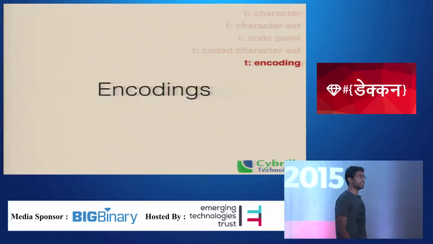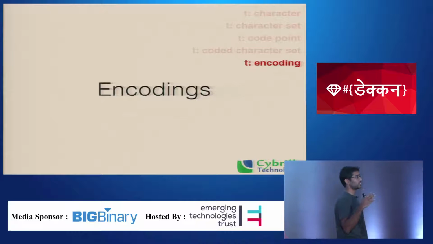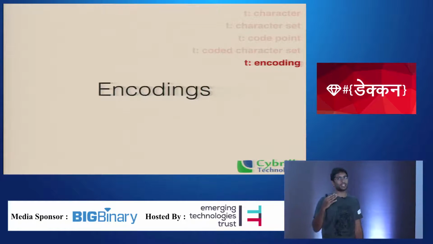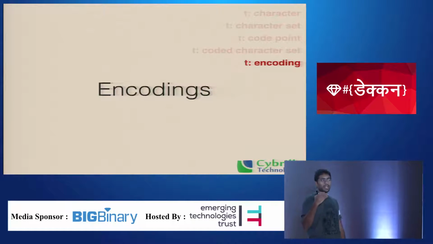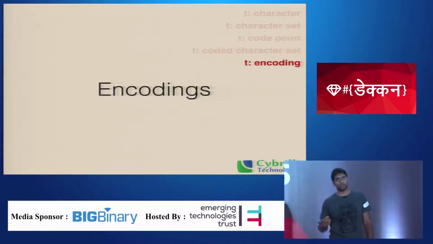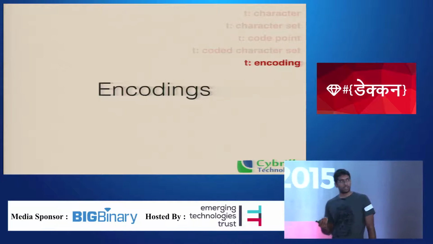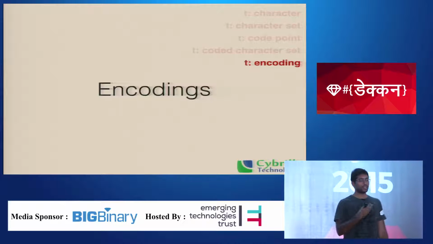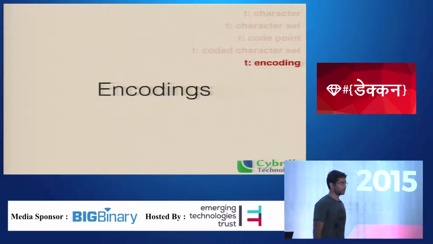Now, Unicode has given a definition and assigned integers to each character, but it didn't say anything about how they should be represented in computer memory. It didn't say which bytes in memory each character should be represented by. So there comes the encodings part.